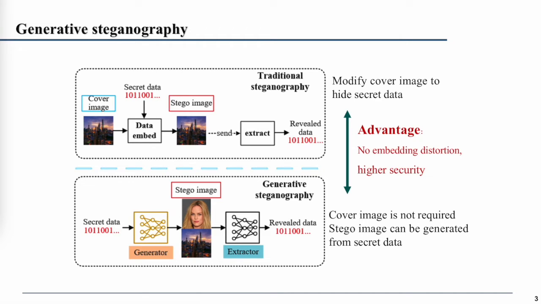Compared with traditional steganography, the synthetic stego images have high visual quality and conform to the statistical characteristics of natural images, and generated stego images do not have image distortion owing to hidden secret data. Thus, the generated stego images have high anti-steganalysis ability and generative steganography has higher security.